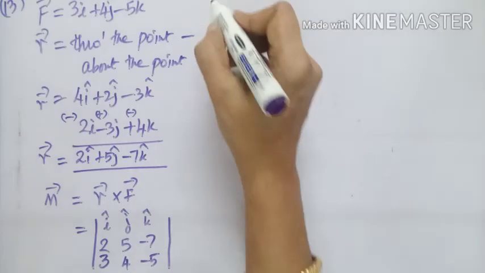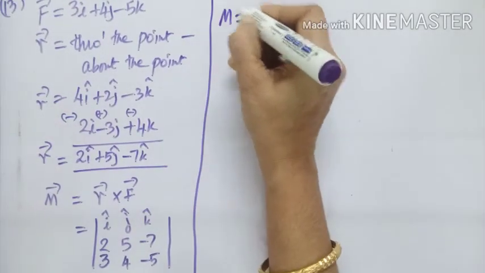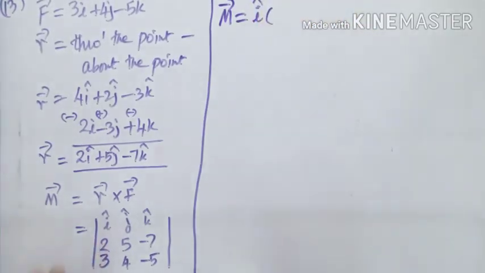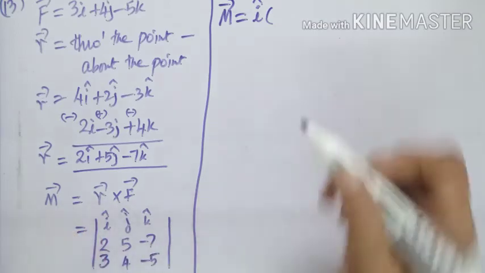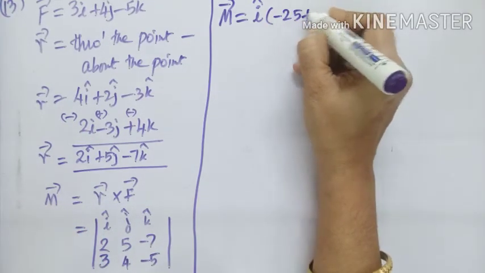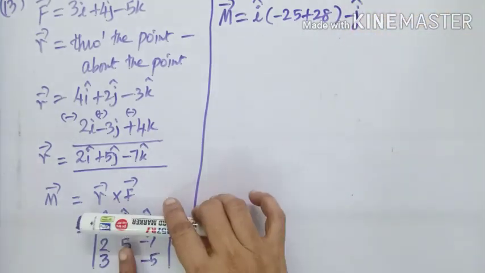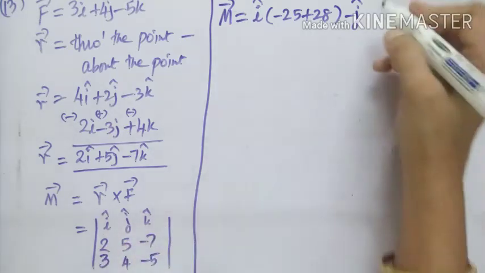Expand it. When I expand, it is M is equal to I vector into, hide the row, hide the column, minus 25 plus 28. Minus J into, hide the row, hide the column, minus 10 plus 21.